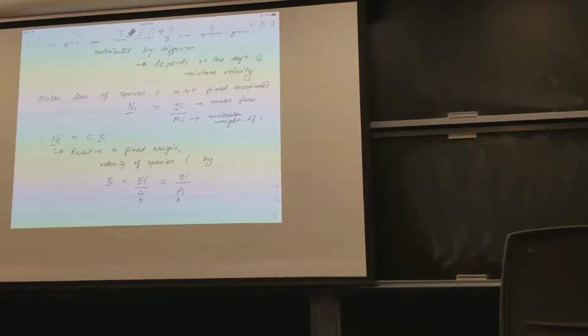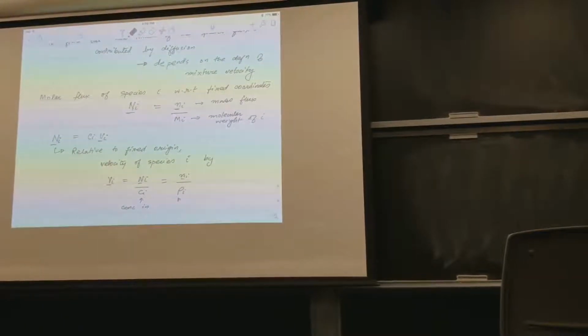So these are two concentrations in molar and mass units.